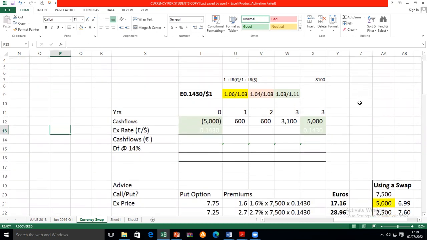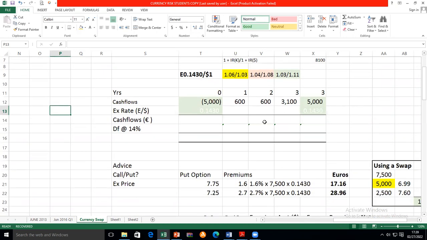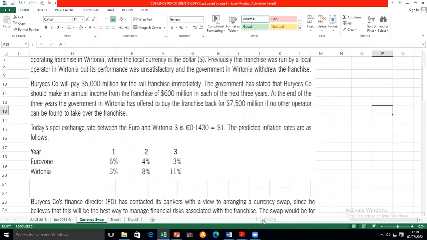We'll invest 5,000 and then we'll earn how much every year? 600. Then in the final year, we'll be paid the 75.